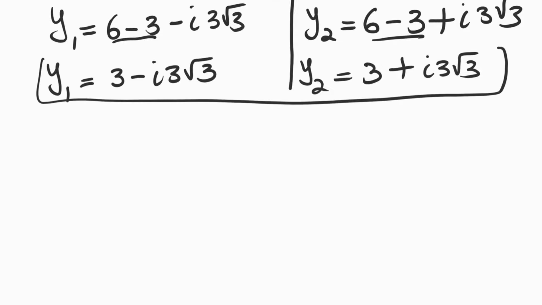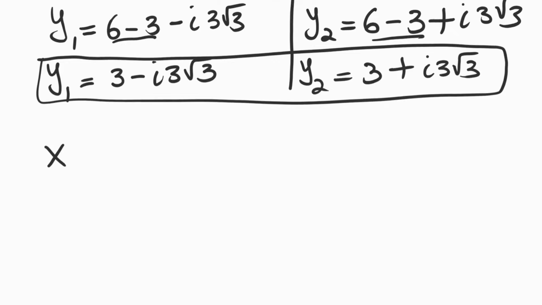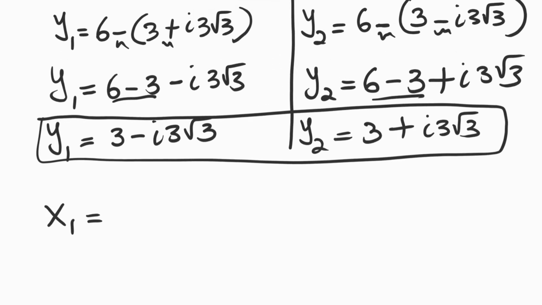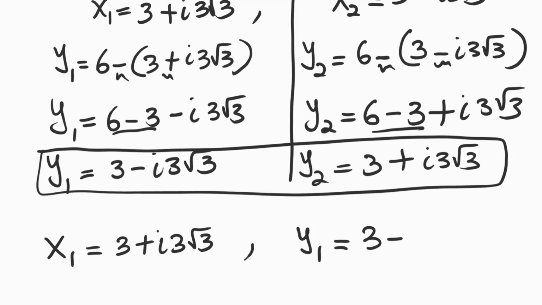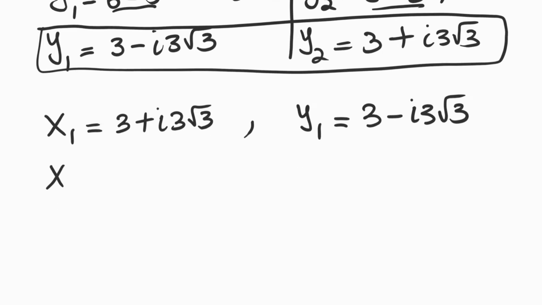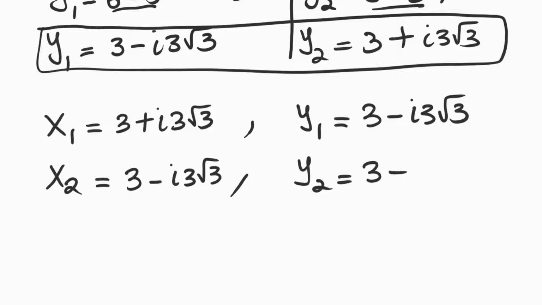These are the values of y1 and y2. So therefore, x1 is equal to 3 plus i3√3, and y1 is equal to 3 minus i3√3. x2 is equal to 3 minus i3√3, and y2 is equal to 3 plus i3√3.